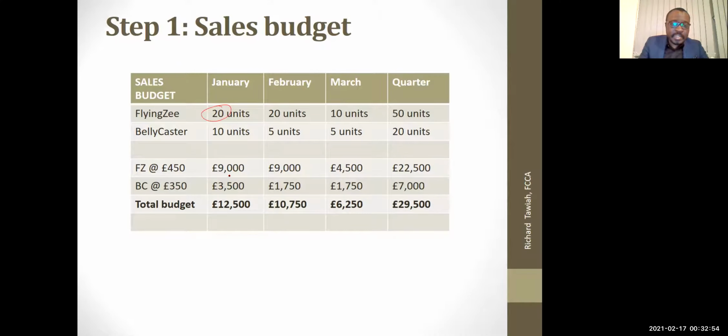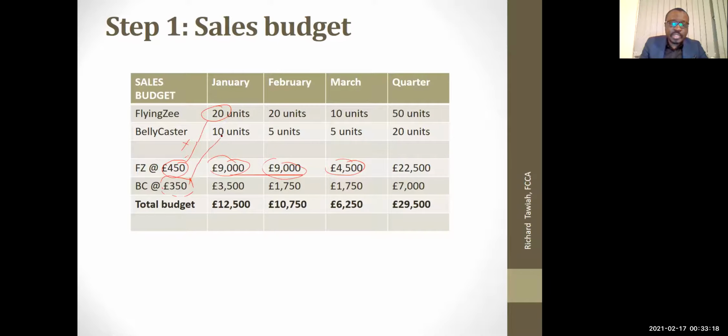And this is the selling price which we had for Flying Z. The selling price per unit is this, so simply this times this will give us our figure. Do the same for Bellycaster, where the selling price is 350 per unit.